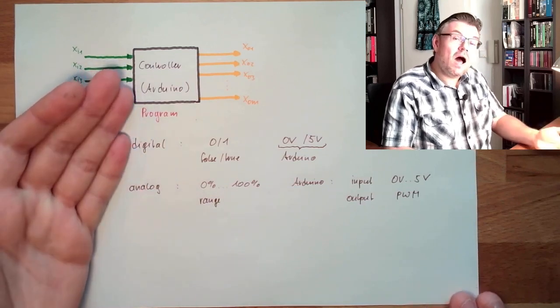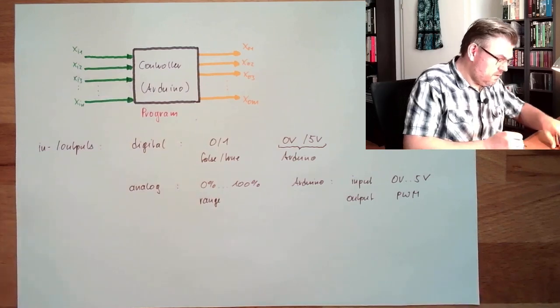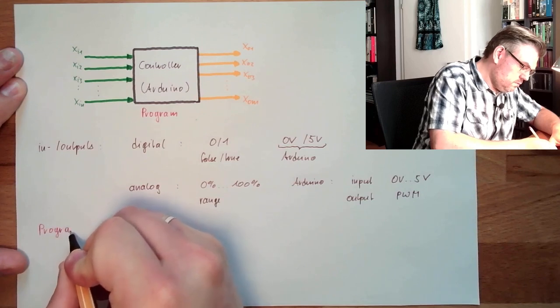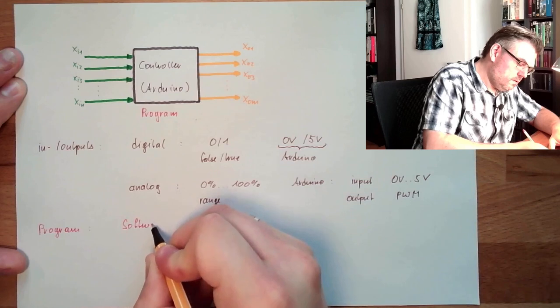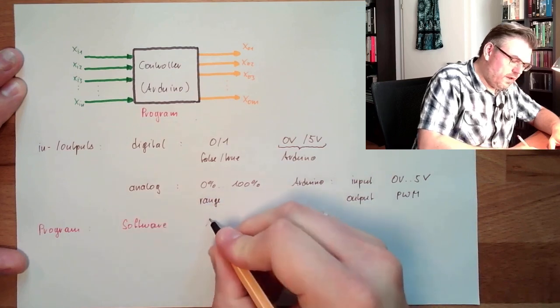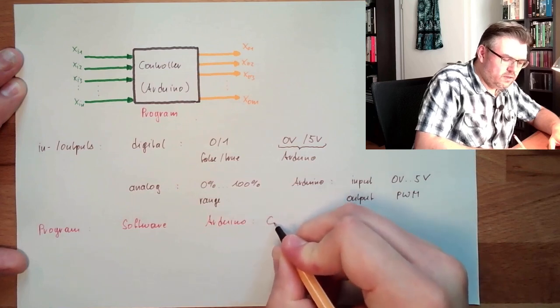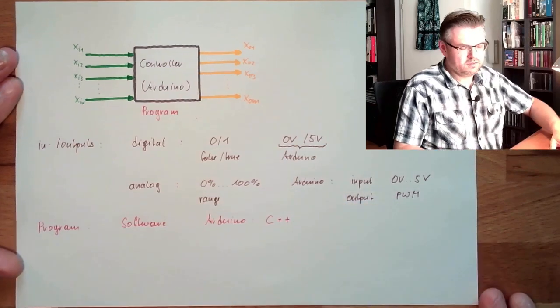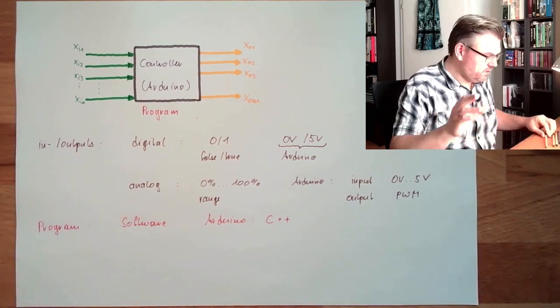In our Arduino, the program is software. And in Arduino, we usually use the programming language C++, because this comes with the Arduino IDE. We will install this in the next video.